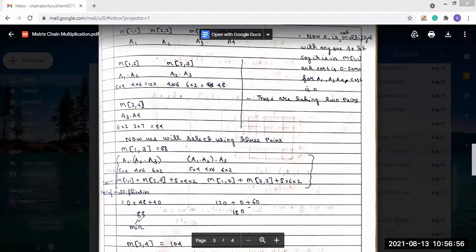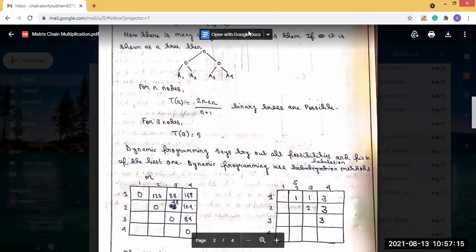But you see this is the minimum value we have taken, 88. And this is the portion we are taking the values from. So by multiplying this, we are getting the value, and this is also A1. So that means in this table also, that is why 1 is written.